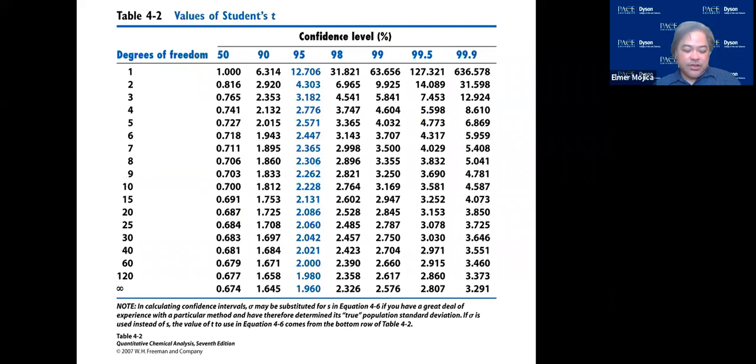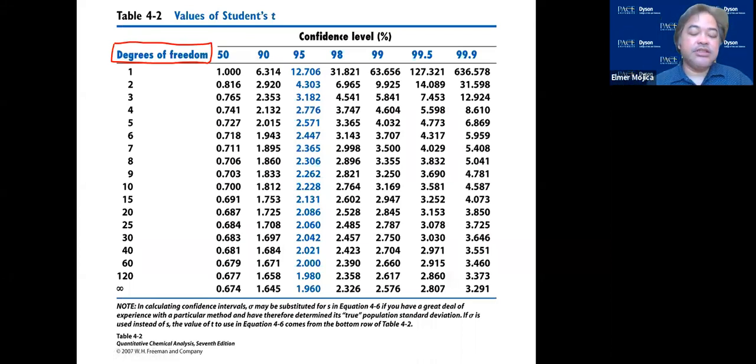Okay, so how are we going to select the value of t here? Because as you can see here, there is degrees of freedom and not the number of the sample. So what does this degree of freedom mean?